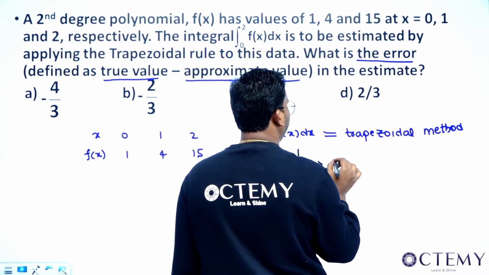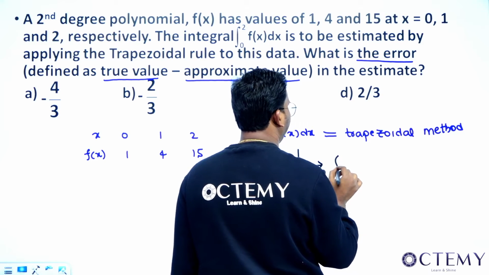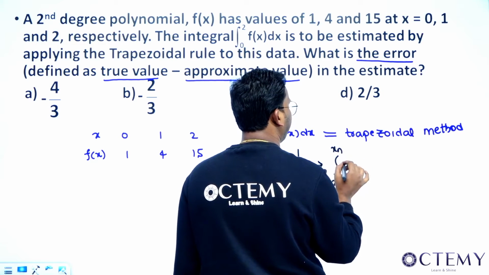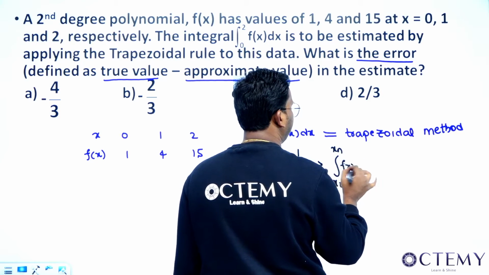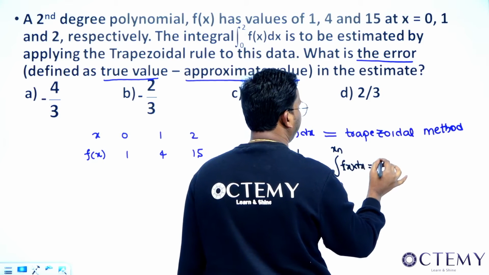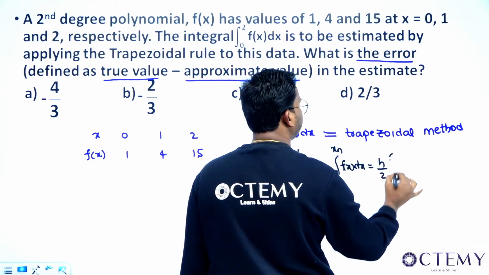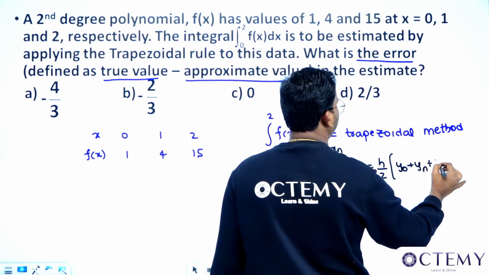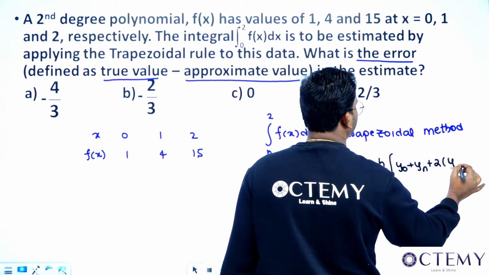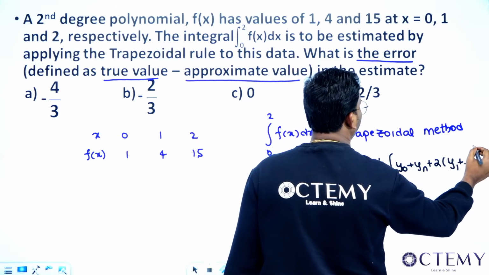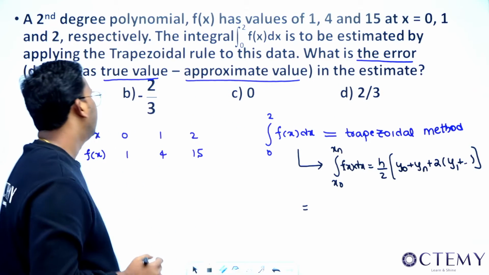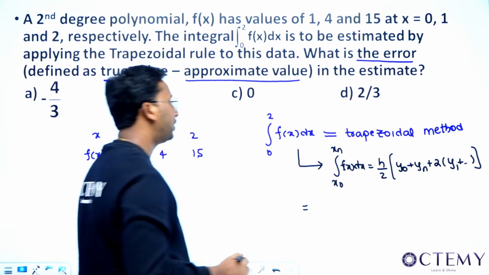We know that the integral from x0 to xn of f of x dx would become h by 2 times y0 plus yn plus 2 times all the remaining terms like y1, and so on, will be multiplied 2 times. So here, what is the step size? 0 to 1, 1 to 2, so the step size is 1.